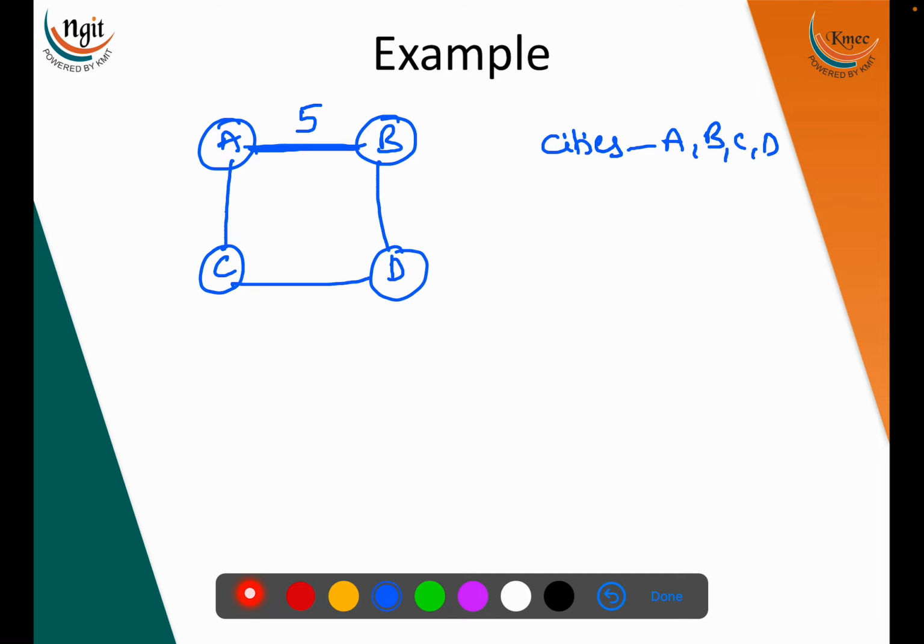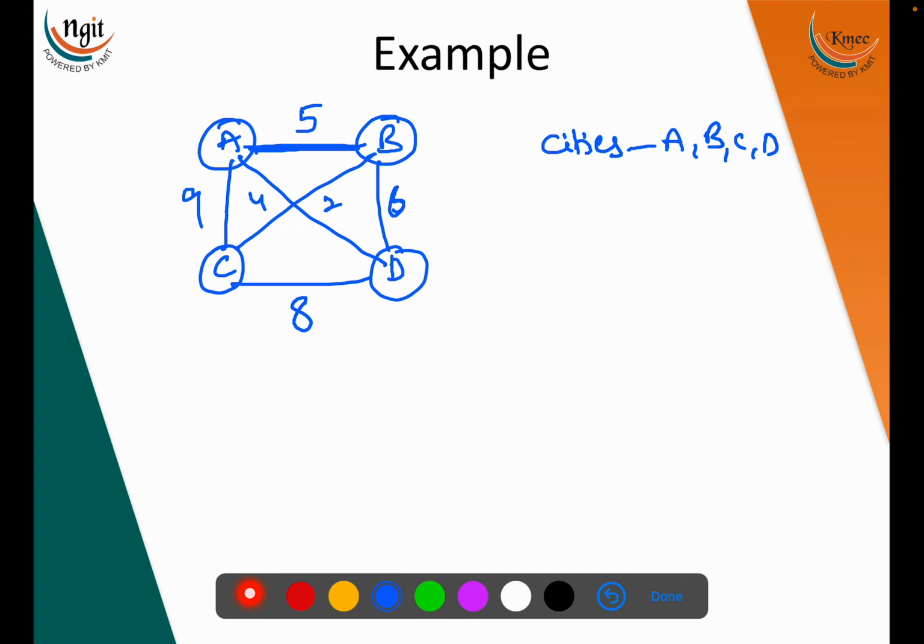As I said in the previous example, to travel from city A to city B the salesman spends a cost of 5. From B to D he'll travel with a cost of 6, D to C with a cost of 8, and another edge is 9. Whatever costs I'm taking are my assumption to explain clearly. So this is the traveling salesperson problem.